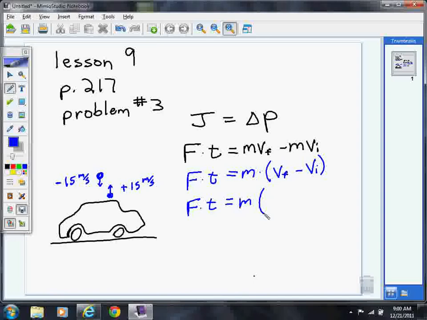The final velocity is going to be positive 15 meters per second minus the initial velocity, which is negative 15 meters per second. So the change in velocity, what does it turn out to be? Positive 30 meters per second.